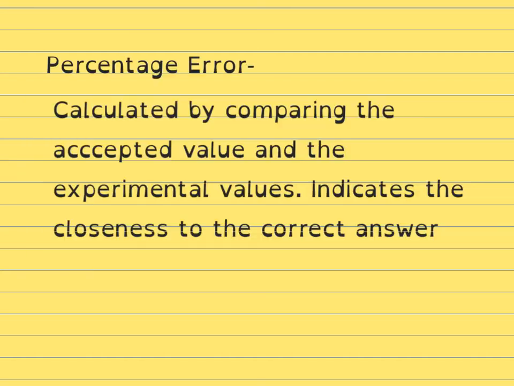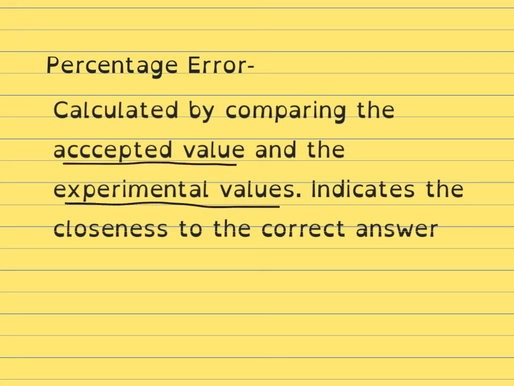A way to quantify or measure your accuracy is through the calculation of a percent error. And in labs, we're asked to find percent error frequently. You calculate it by comparing the accepted value and the experimental value, indicating how close to the correct answer you are. Two terms there: you have both the accepted value and the experimental value.